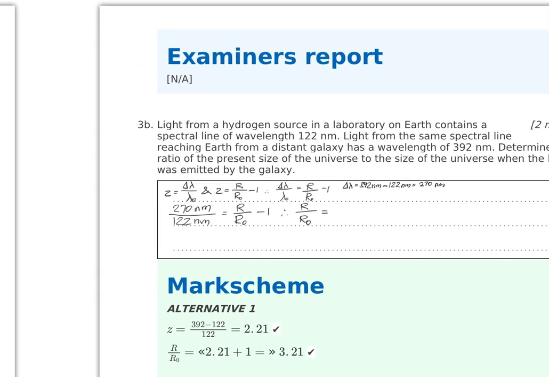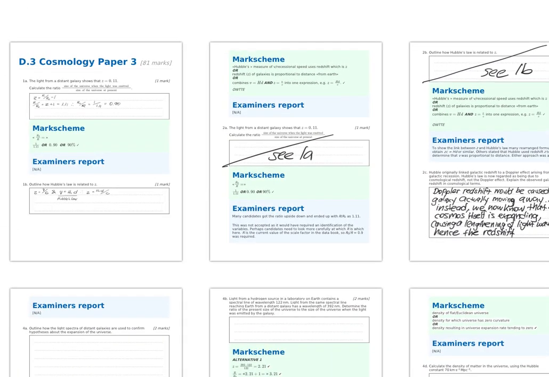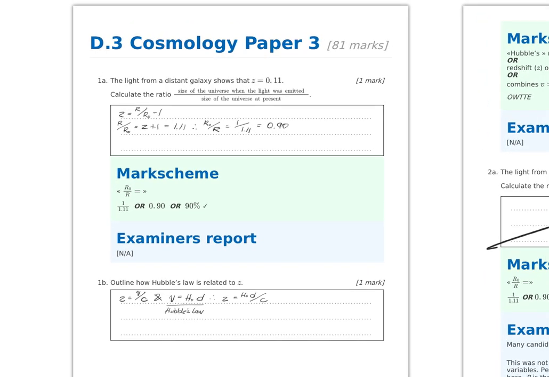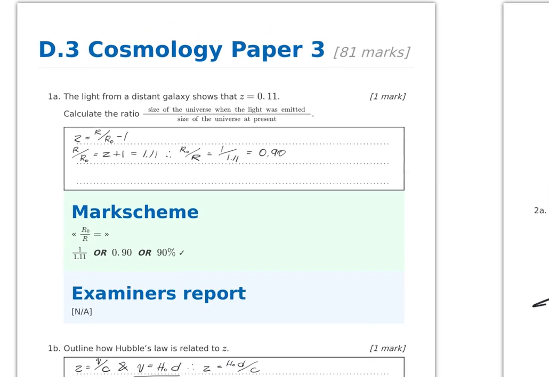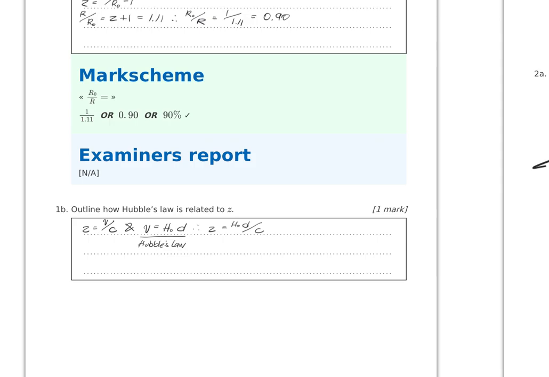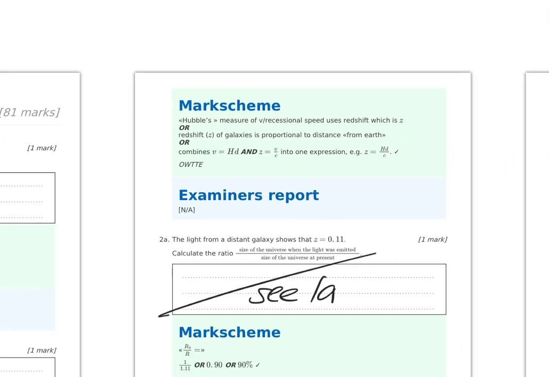Okay, I think I just noticed that the camera frame was set to portrait when it should have been landscape. So, just kind of going back, here's stuff from 1A and 1B, the mark scheme for 1B.